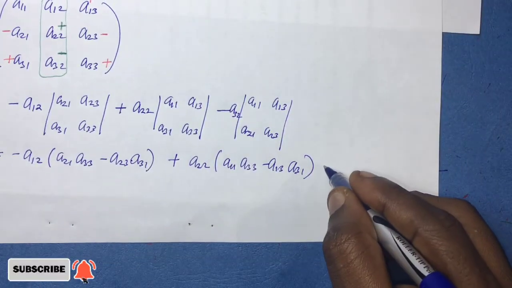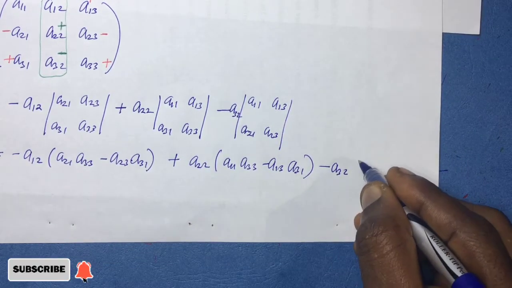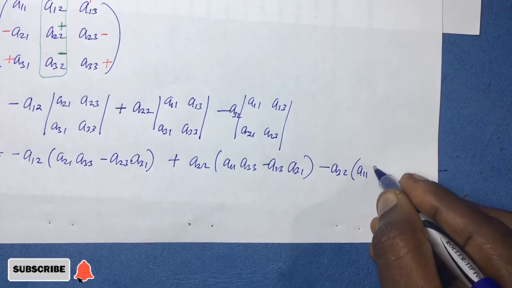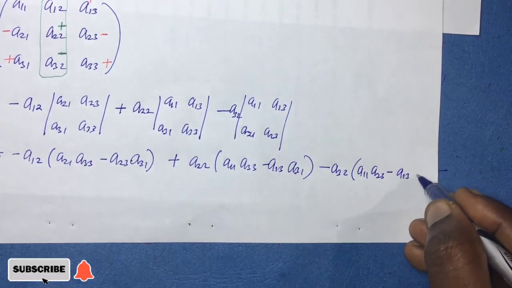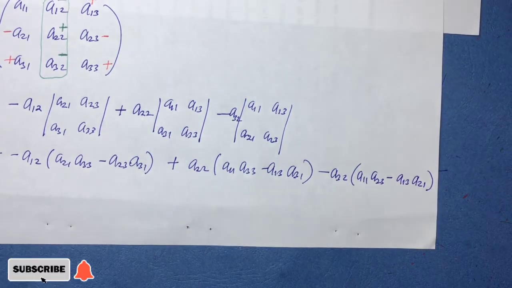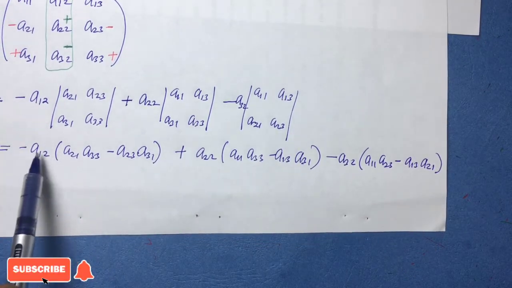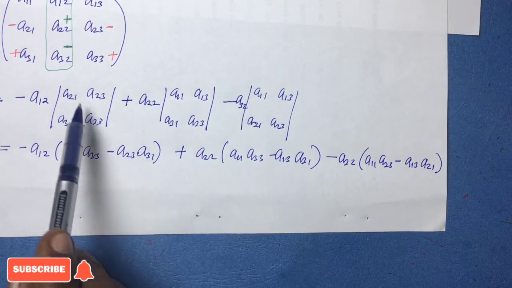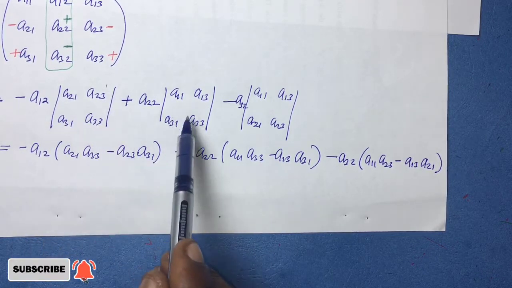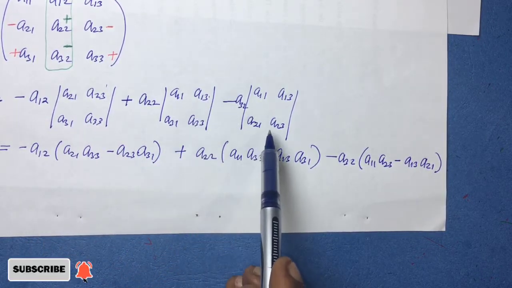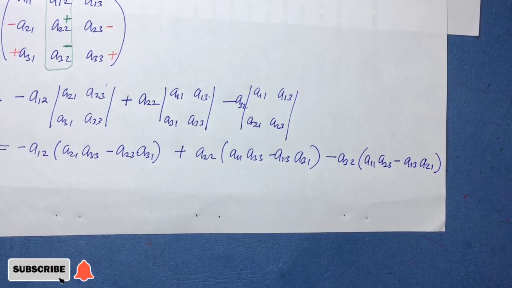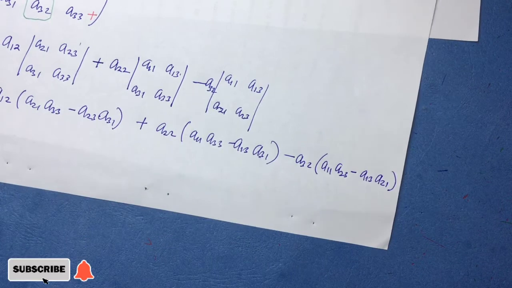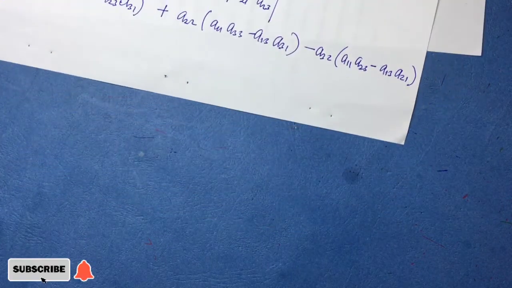Then finally minus A32 in bracket A11 A23 minus A13 A21. So what are we doing? We take each of them out and then multiply this times this minus this times this. Now that is for obtaining the determinant of a 3 by 3 matrix along the second column.